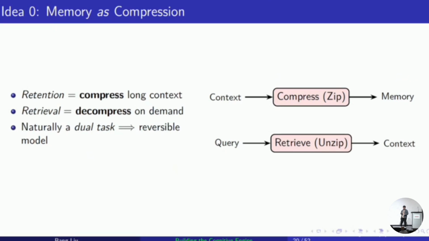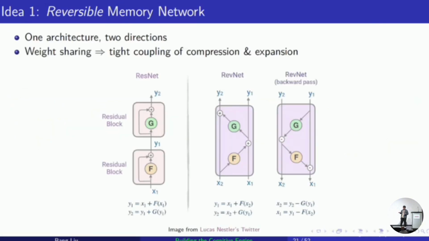This makes them naturally a dual task, which leads us to need a reversible module: given X we get Y, and given Y we can recover X. This is the research question of the reversible neural network, a research topic with many works about it.